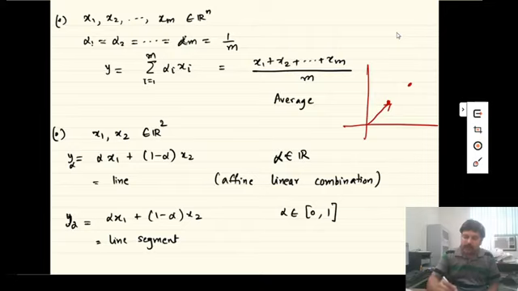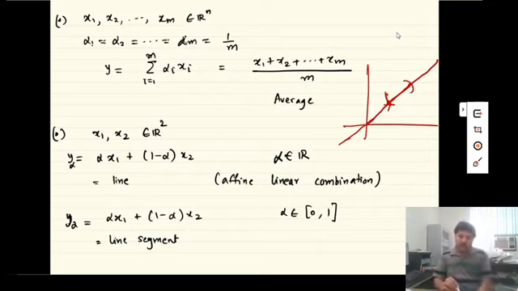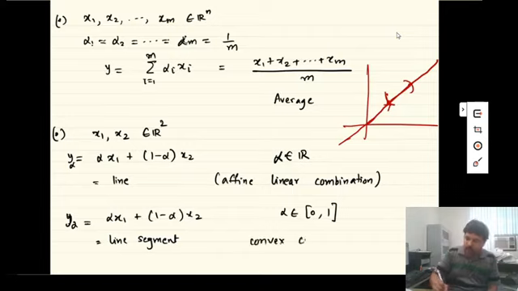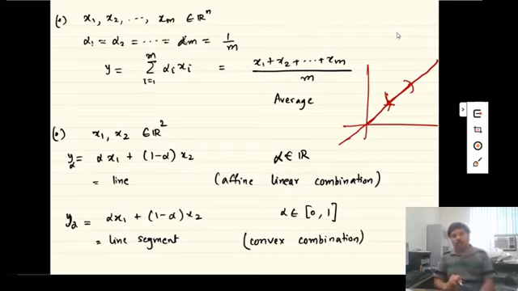If I look at the affine linear combination, I get the entire line, and if I restrict myself between 0 and 1, I will only look at this particular part, which is the line segment. So this is the line and this is the line segment, and this particular thing is called a convex combination of these two vectors.